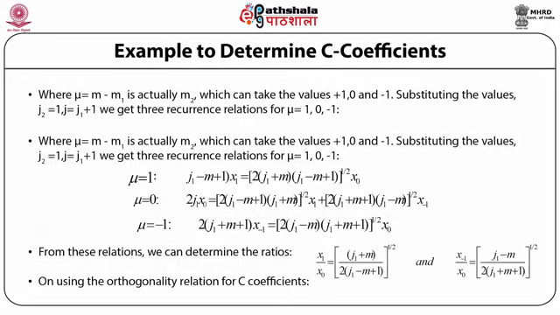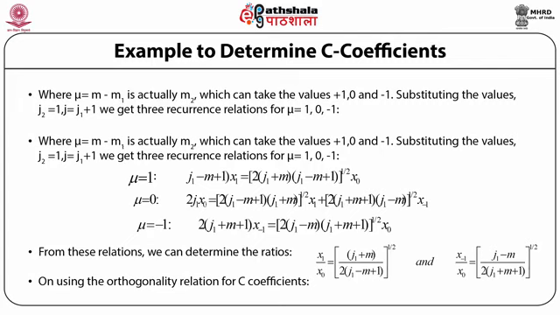Example to determine Clebsch-Gordon coefficients. As defined above, x mu is bra j1 1 m minus mu, ket j1 plus 1 m, where mu is m minus m1, which is actually the value that we've been taking as m2 till now, and which can take the values plus 1, 0 and minus 1.